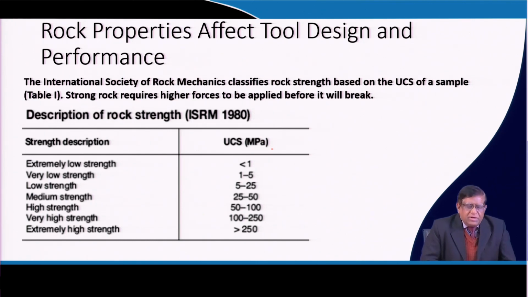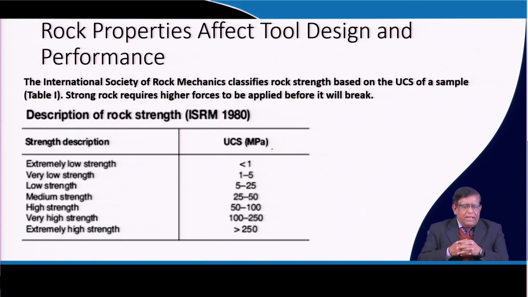Now, the International Society of Rock Mechanics has classified the rock strength based on the uniaxial compressive strength, which you might have already studied in rock mechanics. You will have to apply that knowledge to correlate with real operations in the field, because a particular coal of a particular seam may have a uniaxial compressive strength of maybe 45-60 megapascal.